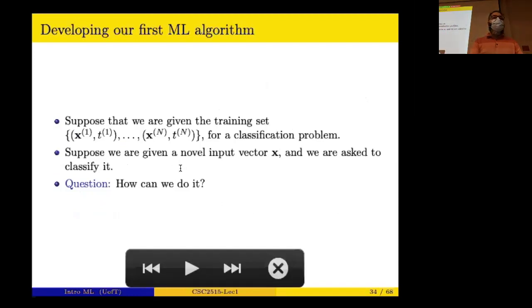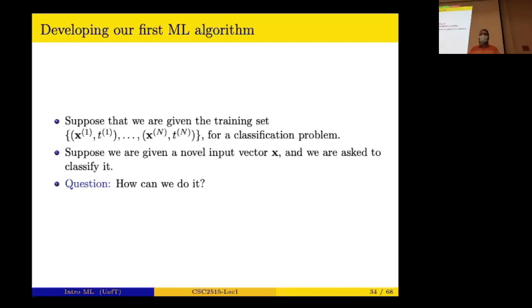And then suppose we are given a novel input data x, which does not belong to any of these x's necessarily, and we are asked to classify it. How can we do it? So I want your input here. Like I want you to think about simple approaches to do it. Yes.